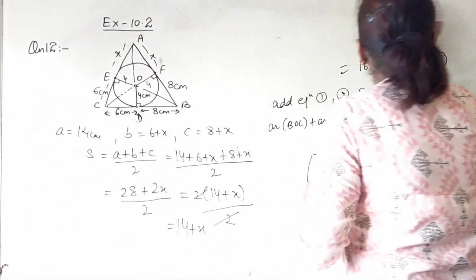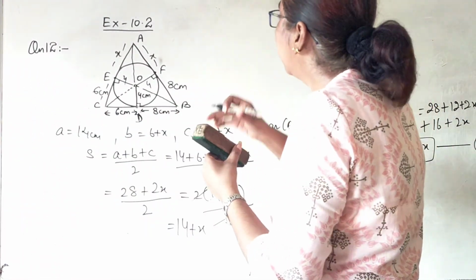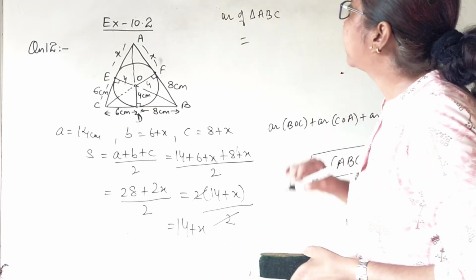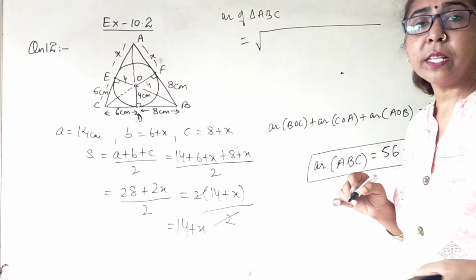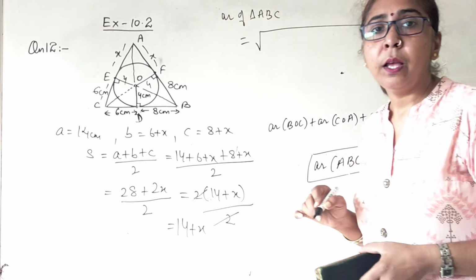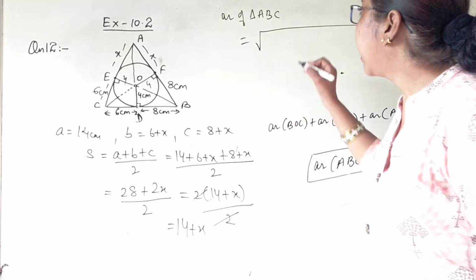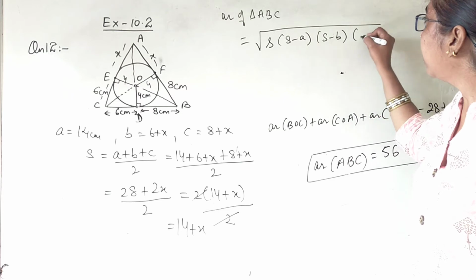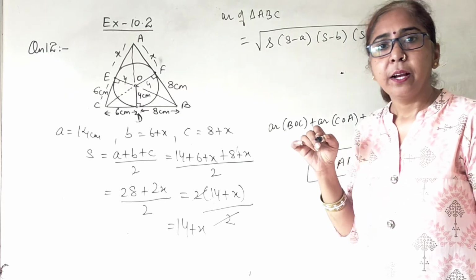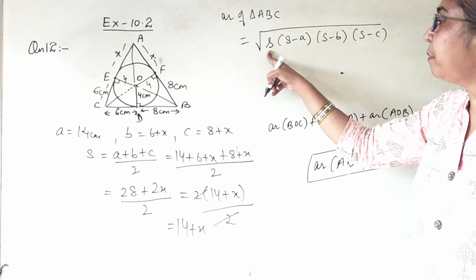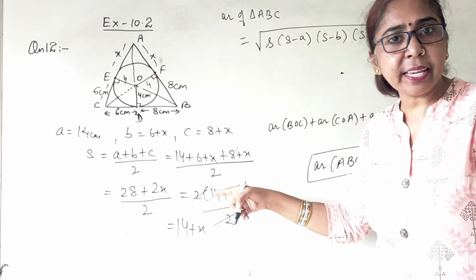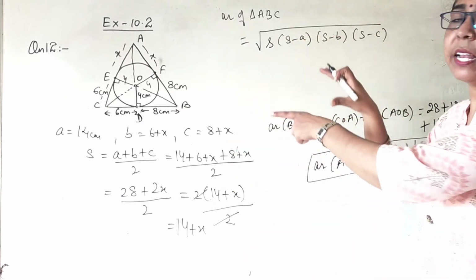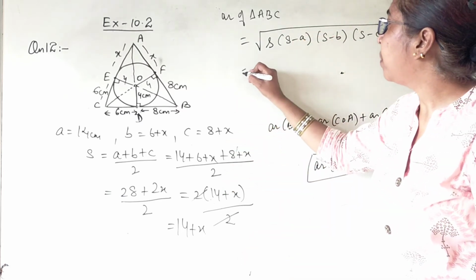Now I will apply the Heron formula here. So area of triangle ABC is under root of, what is the formula? Tell me the formula which you have used in your 9th class. Yes, that is s into s minus a into s minus b into s minus c. Let's see what we will get.